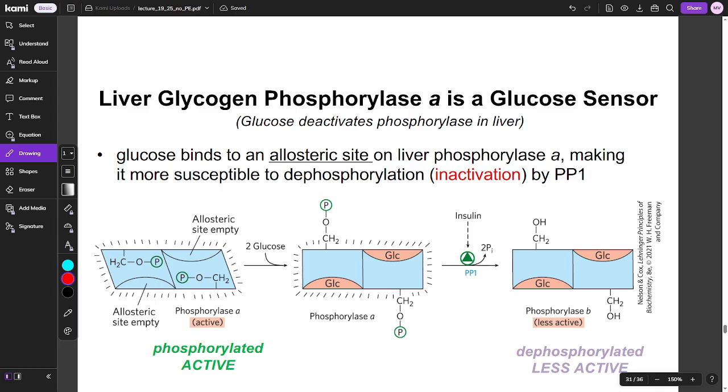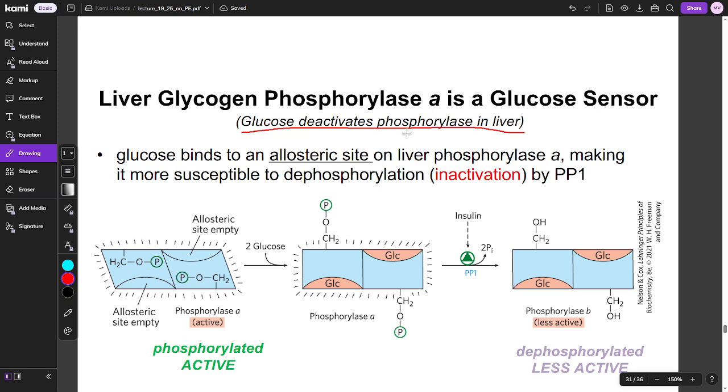If we go down here, we also see that liver glycogen phosphorylase is a glucose sensor, right? And glucose actually deactivates the phosphorylase in the liver, which makes sense, right? If you have a lot of glucose, you don't want to keep breaking down glucose, right? So there actually are two ways to stop this enzyme from working.